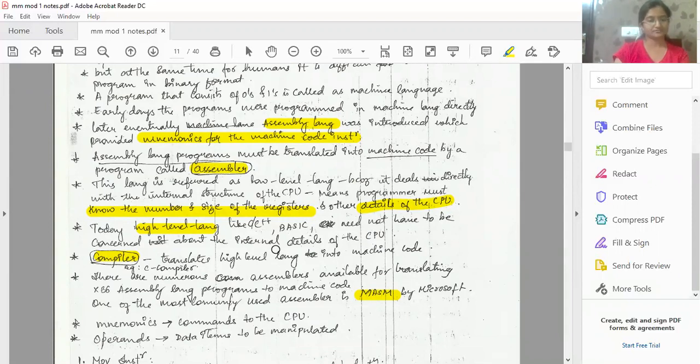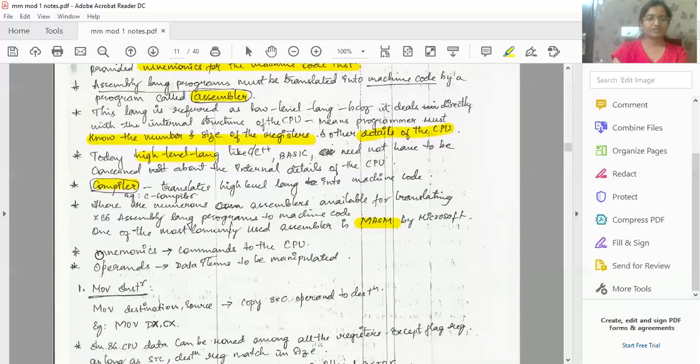What do we mean by mnemonic? We know it: the commands given to the CPU are called mnemonics. And operands are the data items on which the operation takes place.